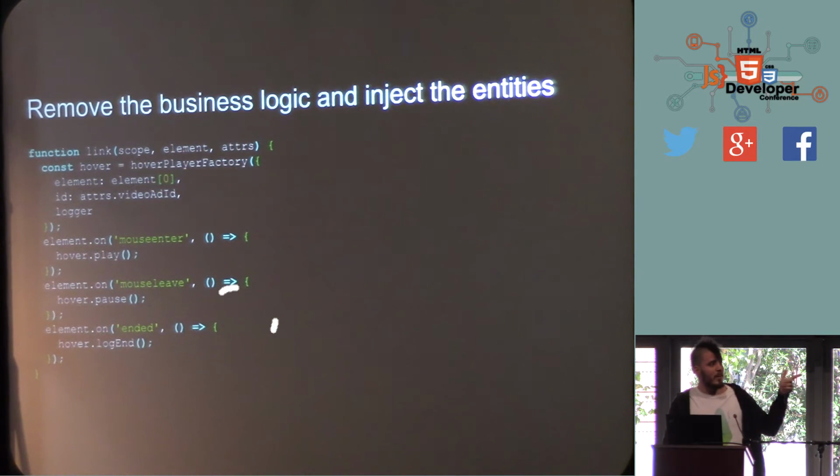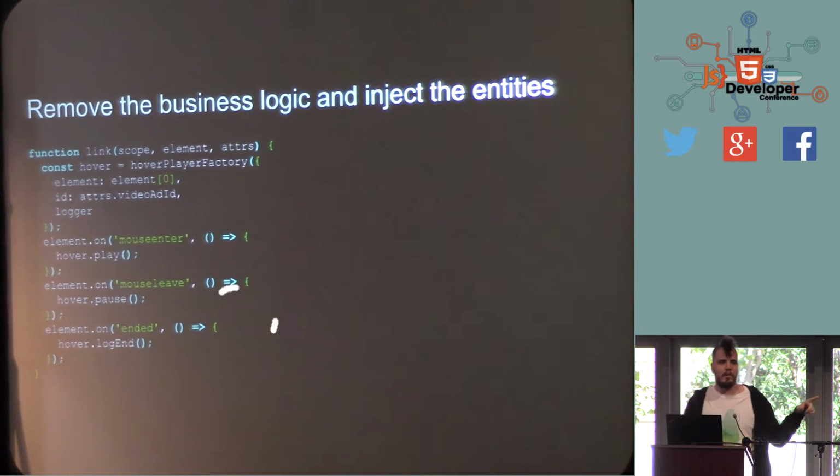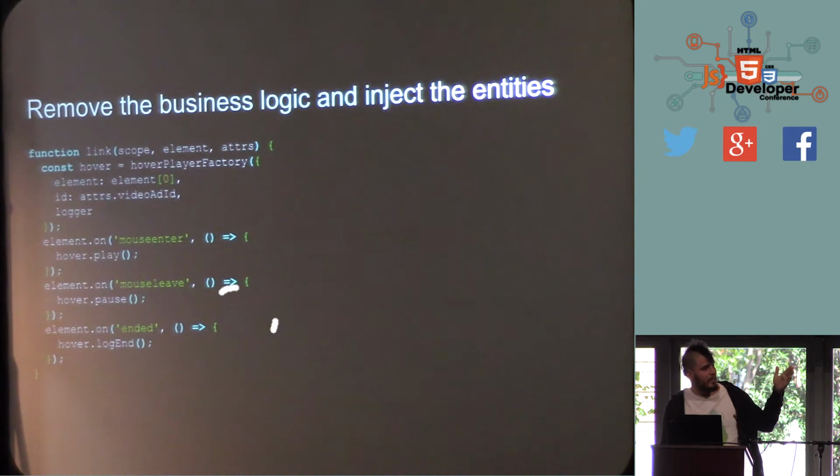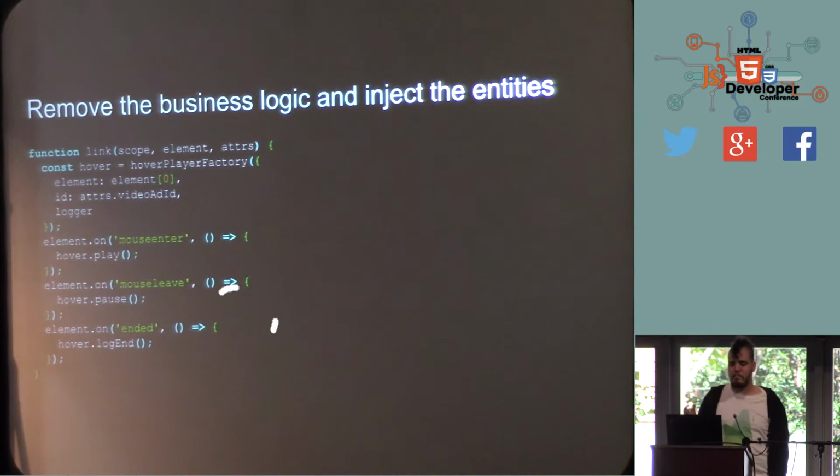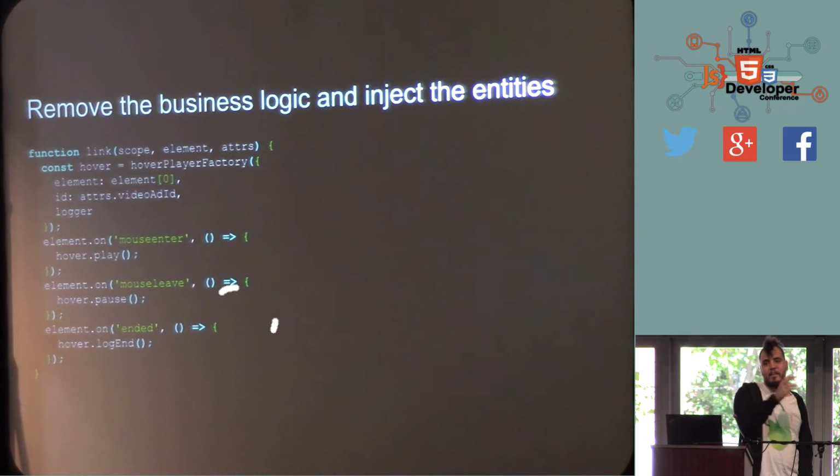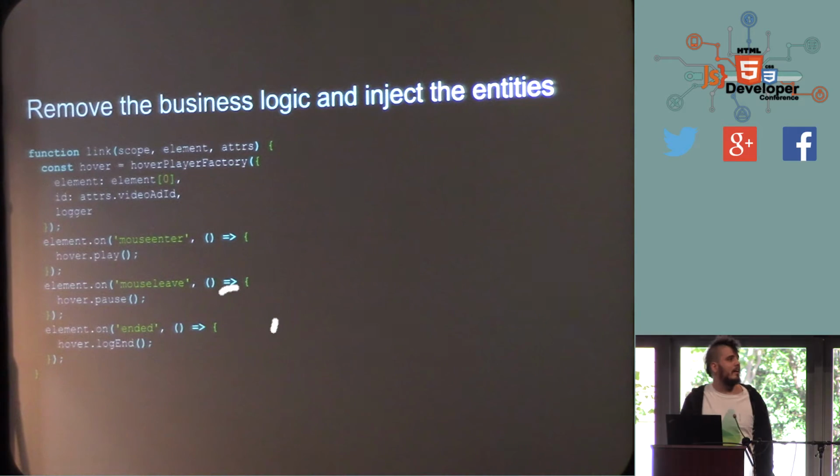But right now, this code only has the connection between Angular and the business logic. It doesn't contain any business logic, only Angular-related code. So the second half of the function is just the binding between the user action and the business behavior.